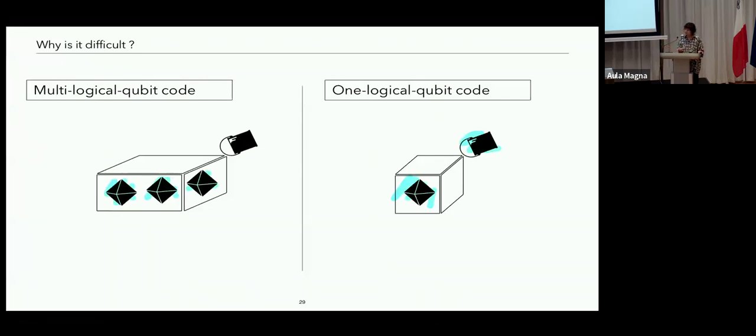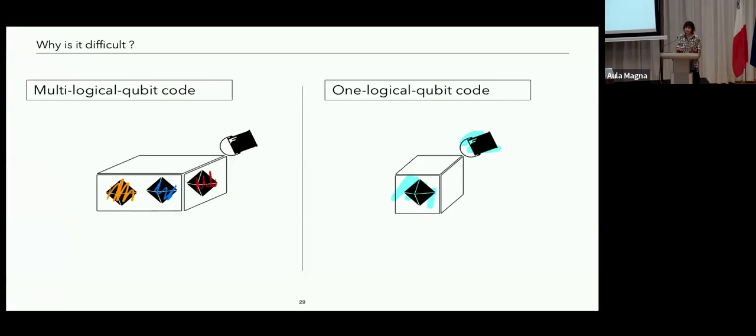But what you really want to do when you implement an algorithm is to be able to address each logical qubit with different operations, right? Maybe you want qubit number 1 to have an X on it, and qubit number 2 to have an S, and the other qubit to have another operation.